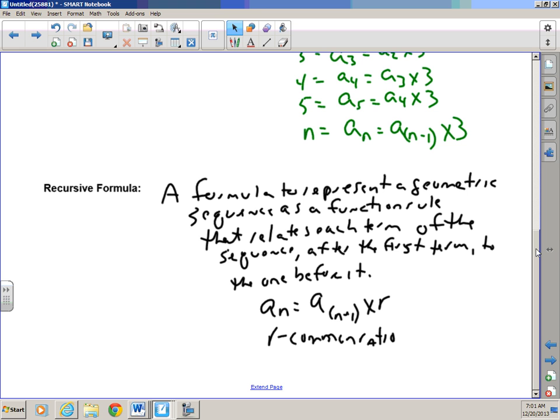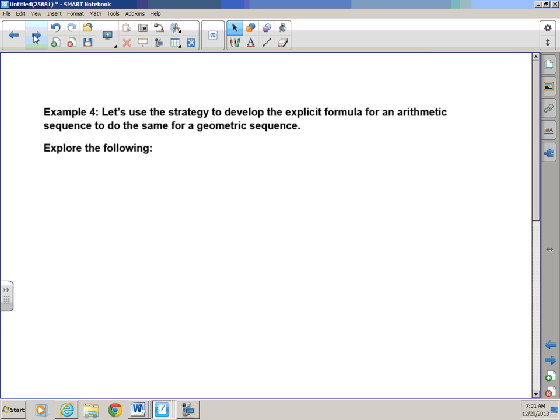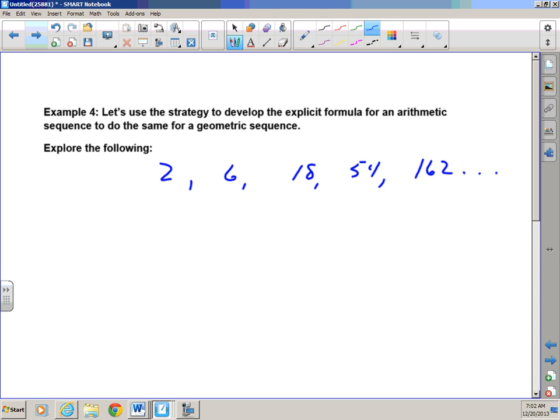Now, let's take this another step. Let's use this strategy to develop what's more important, the explicit formula. Okay? So, going back, we had 2, 6, 18, 54, 162, dot, dot, dot. This is a sub 1, a sub 2, a sub 3, a sub 4, and a sub 5. Okay.